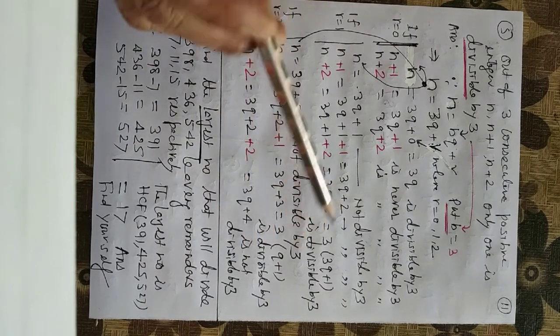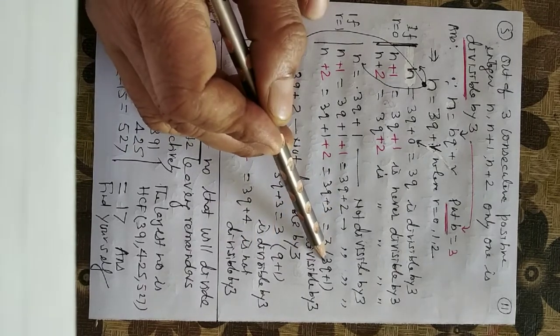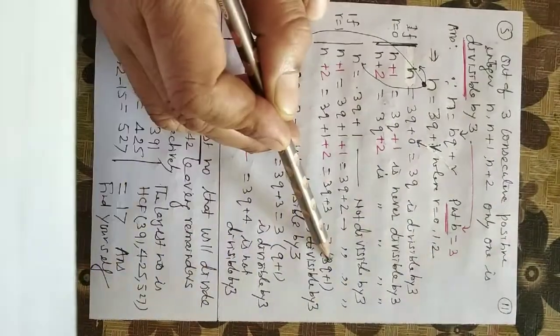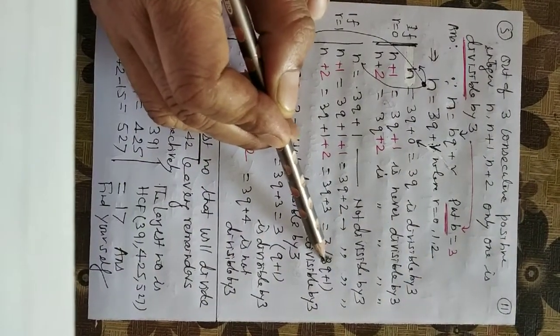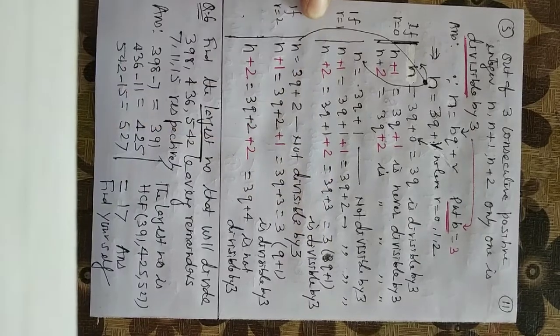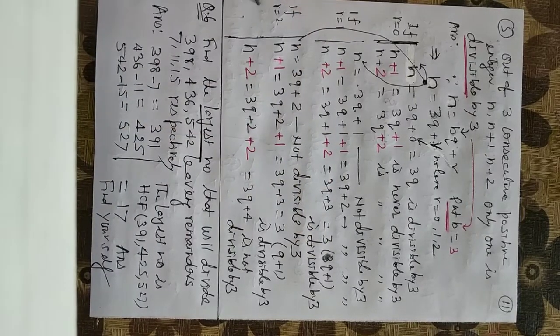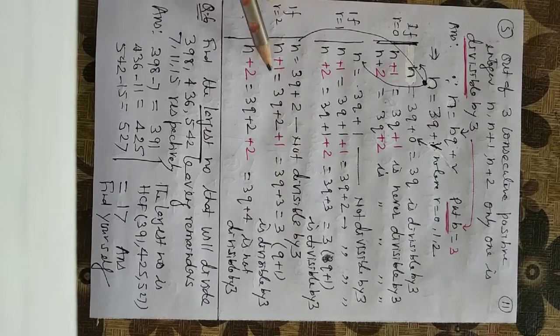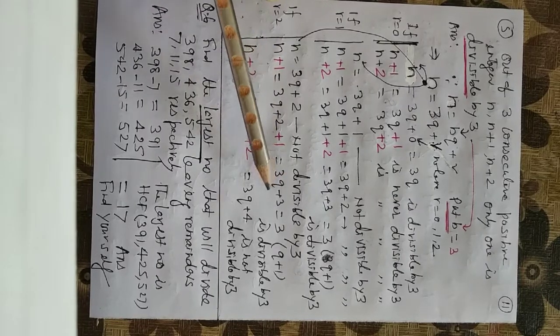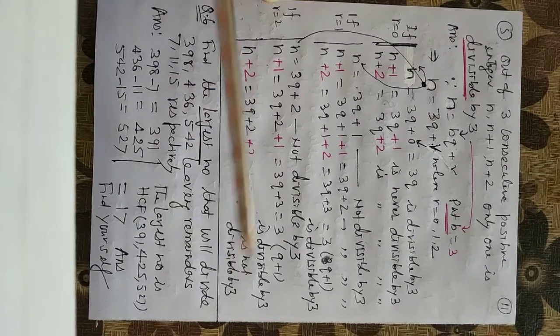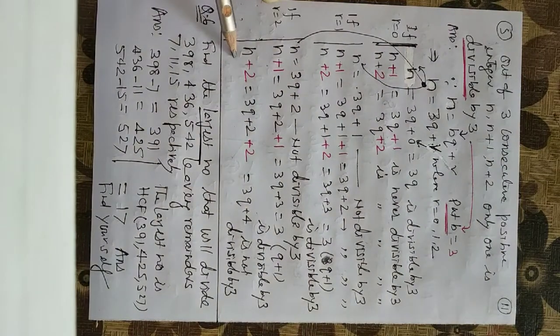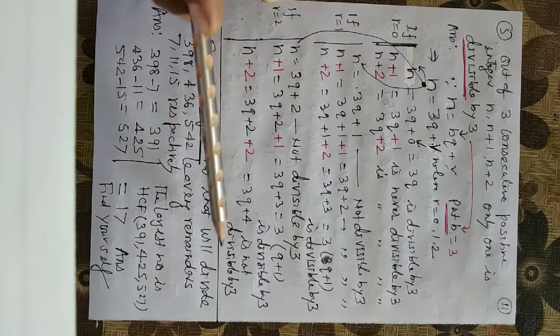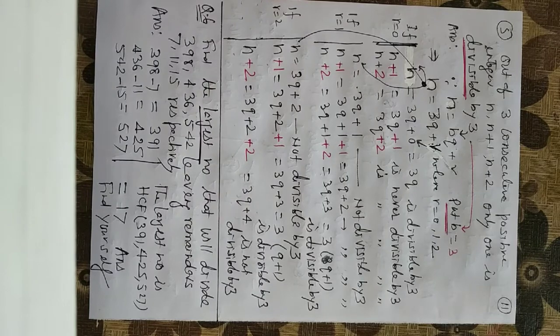Here 3 should be cancelled, leaving simply q plus 1. So when r is equal to 2, n is equal to 3q plus 2, not divisible. n plus 1, adding 1 to both sides, gives 3q plus 3. When 3 is common, it is divisible by 3. Adding 2 to both sides, 3q plus 4 is not divisible by 3. So out of the 3 numbers, only 1 is divisible by 3.